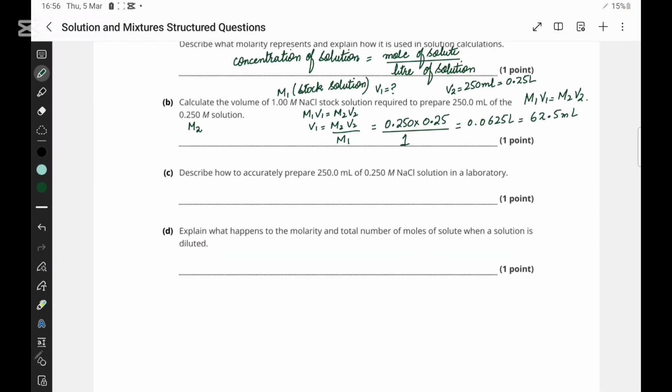The next question says, describe how to accurately prepare 250 milliliter of 0.250 molar NaCl solution in a laboratory.